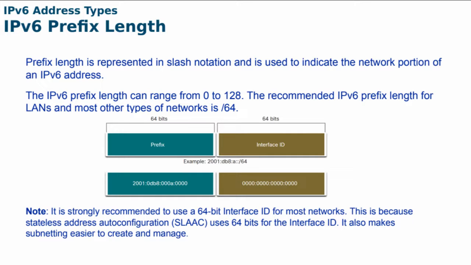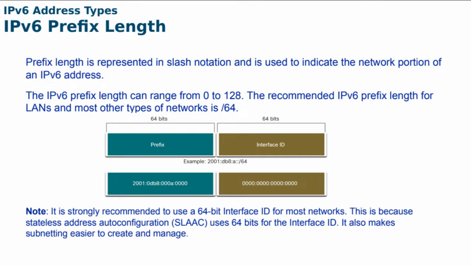Here we have an example. The first 4 hextets are your prefix, and the other 4 hextets are your interface ID for this network.